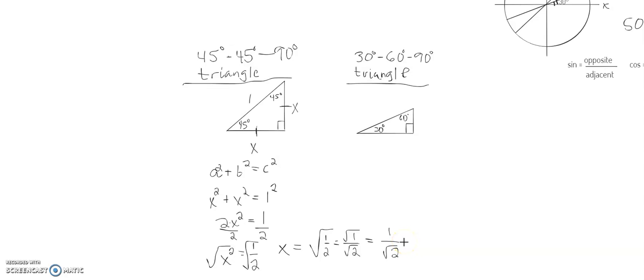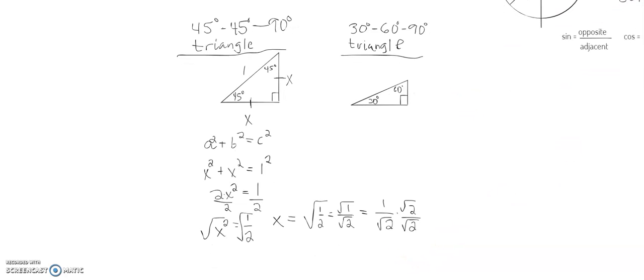To achieve this, we can multiply by the square root of 2 over the square root of 2. When you do this, on the top you'll just get the square root of 2, and on the bottom you'll just get 2. Notice root 2 times root 2 is 2.